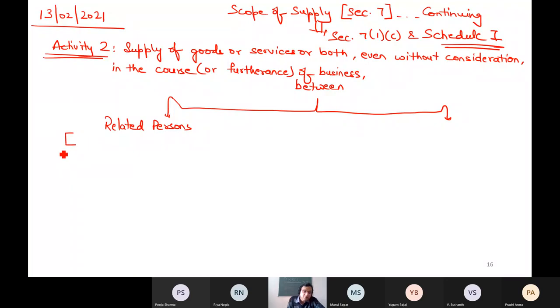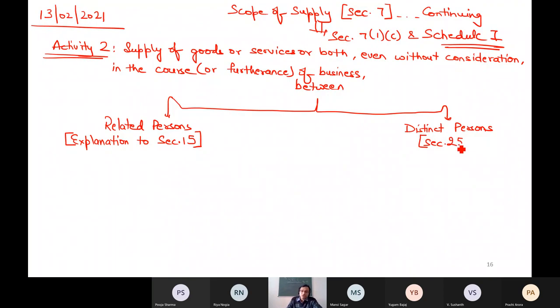Where are related persons defined? Explanation to section 15. Or distinct persons. And where are distinct persons mentioned? It may be mentioned anywhere, but the activity itself says distinct persons as defined in section 25.